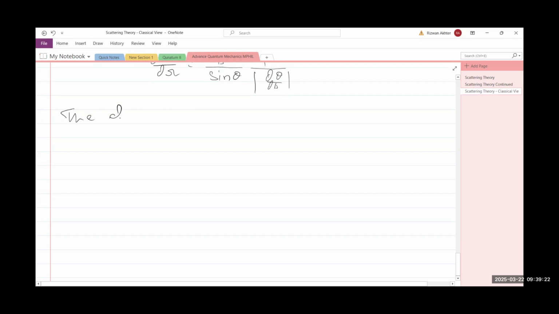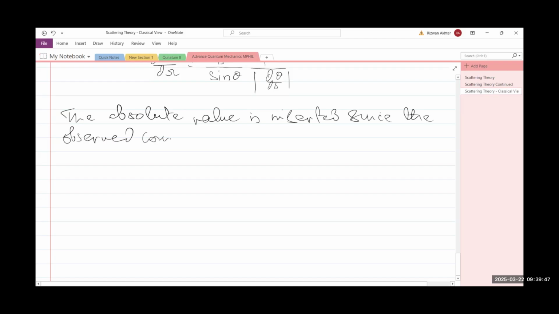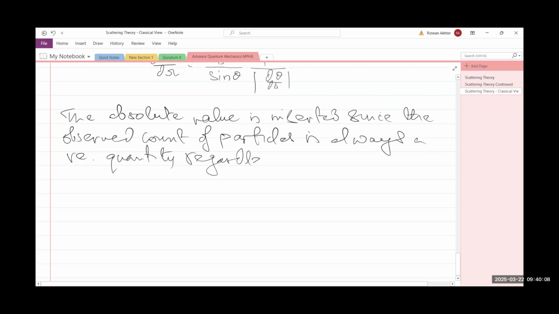The absolute value is inserted because the observed count of scattered particles is always a positive quantity, regardless of the sign of the term dB by d theta.